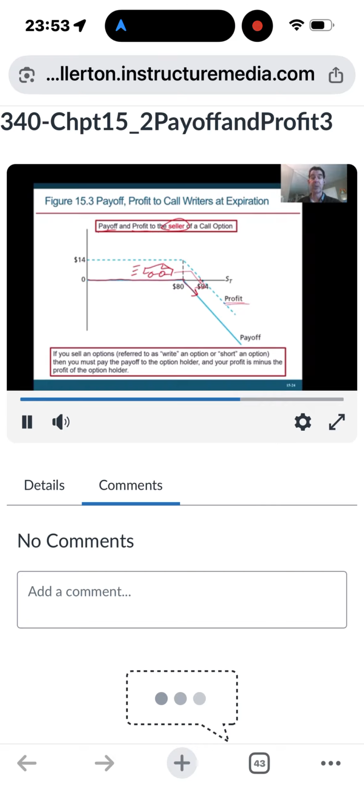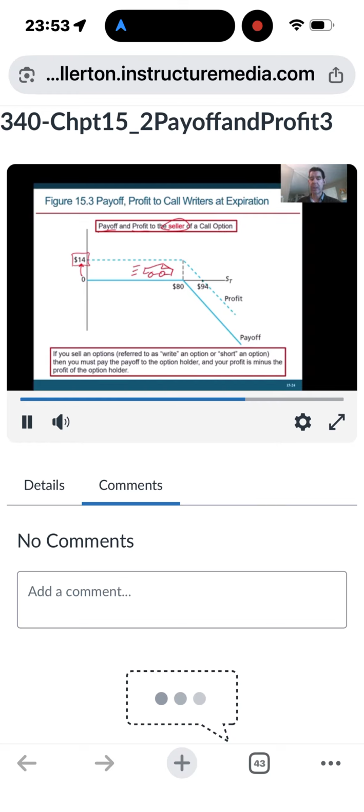In this case, because you sold the option, you actually received the price. So that will actually raise this whole diagram up by $14 everywhere. And so your profit or loss actually stays here and then goes down. So that is what your overall profit or loss looks like if you are the seller of an option. Okay, and I'll use that in the next section briefly. But just remember that it looks like a ramp going down. I won't question you a lot on this, but I do want you to know the basic shape.